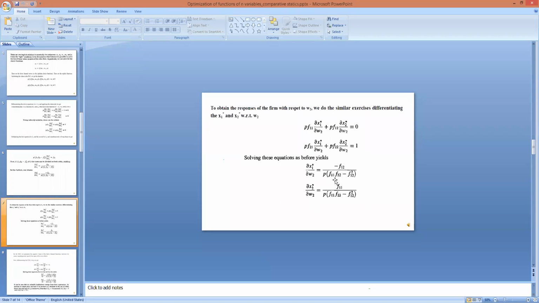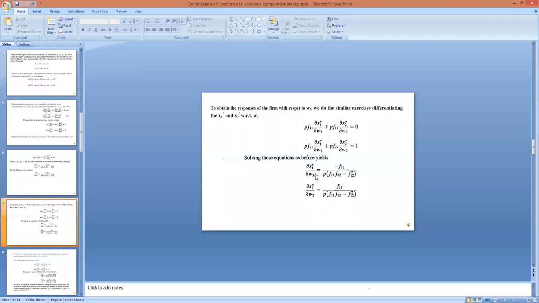For del X2 star by del W2, this is F11, which is negative in the denominator, P is positive, and the second expression is positive. So unambiguously, we can state that this will be negative. However, as long as we do not have any idea about the sign of F12, we will not be able to understand the exact sign of del X1 star by del W2.